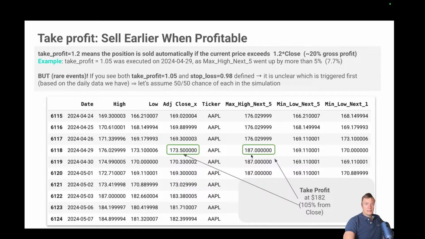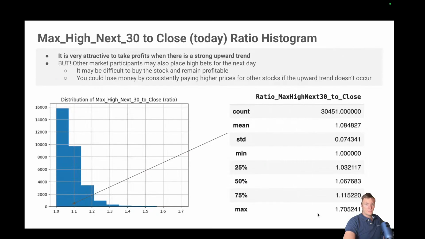So if you had a take profit defined at 5%, that would automatically trigger a sell event, and you would fix your profits, excluding fees, at 5%. So that's the distribution of a ratio.